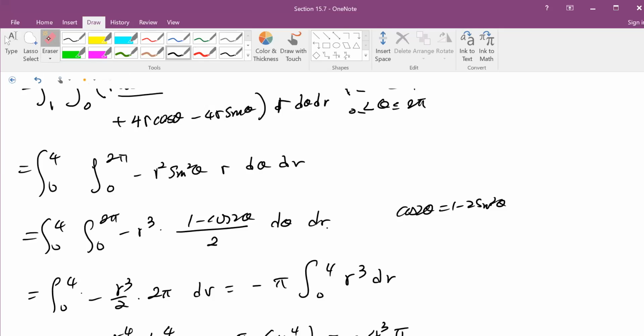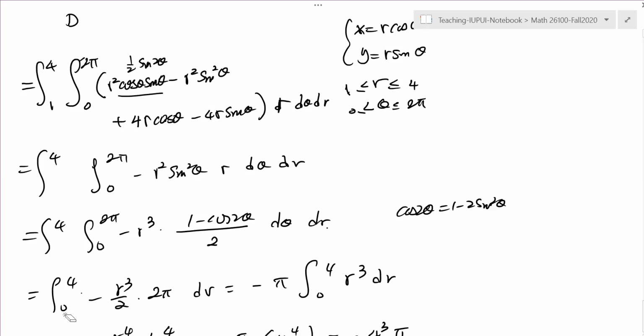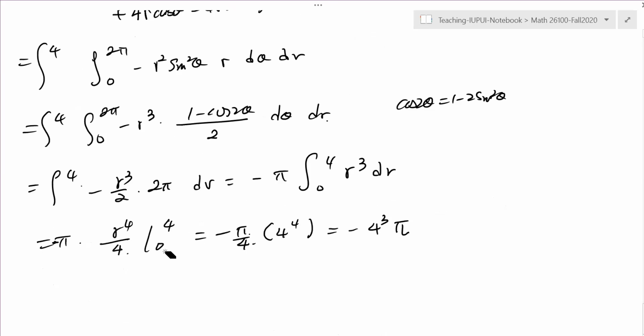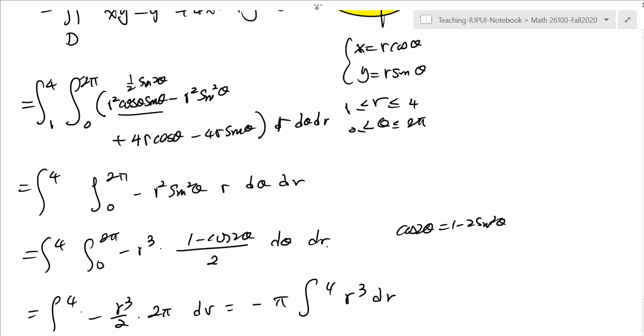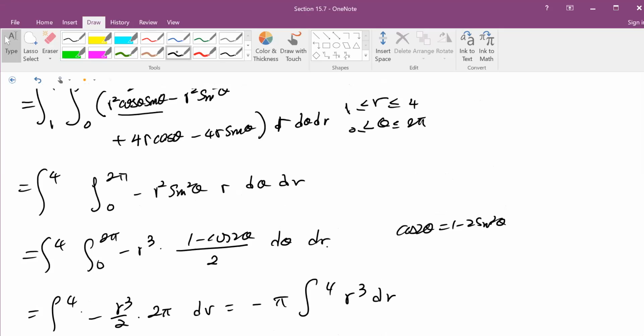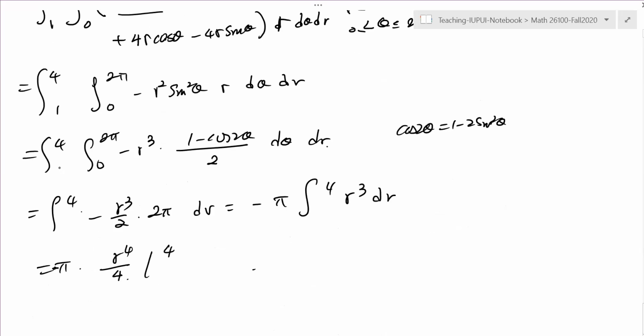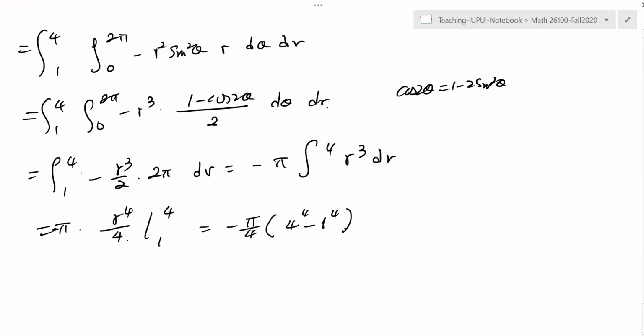I need to put 1 here instead of 0. Let me erase this part. It's from 1 to 4, not from 0 to 4. So it's negative pi over 4 times 4 to the 4th power minus 1 to the 4th power. Yeah, that is the answer.